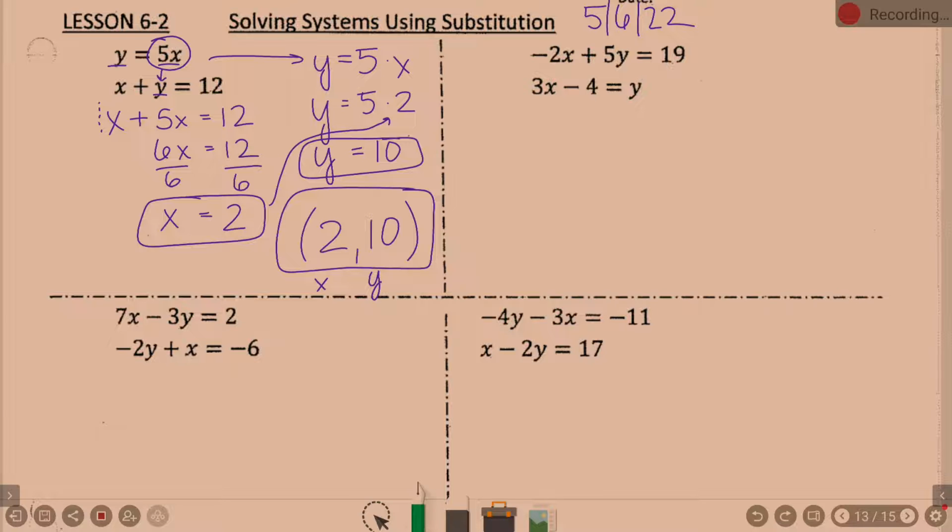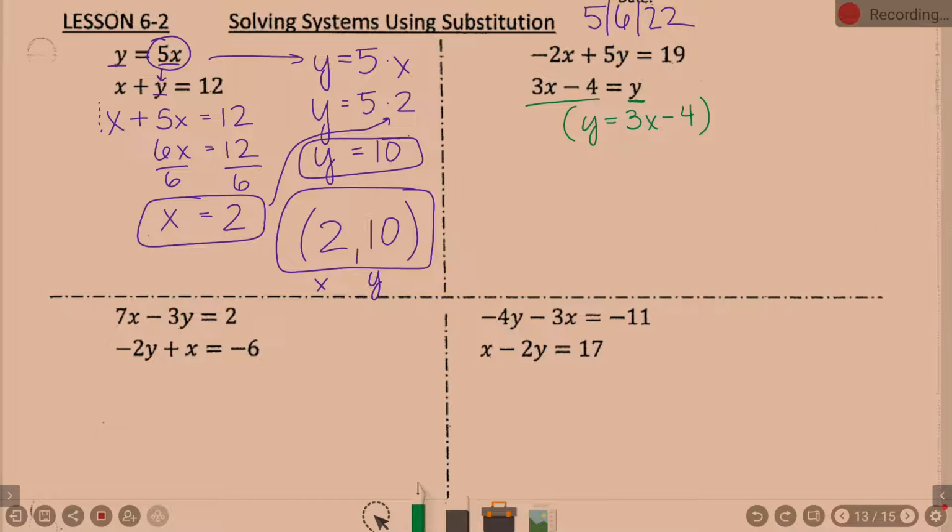Okay, so my first question to you. Do I have an equation that is x equals or y equals? Y equals. Do I have that equation that's y equals? Yeah. It's backwards, but is it there? Yep. And if it helps you, realize it is y equals 3x minus 4, yes? So you would divide by 3.